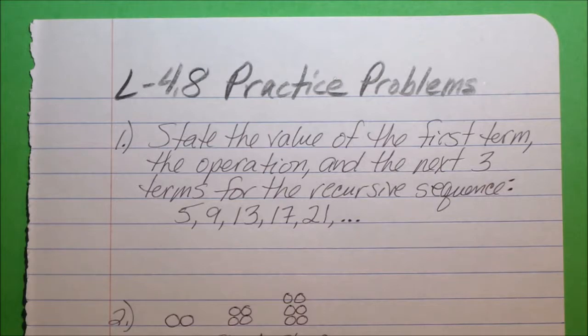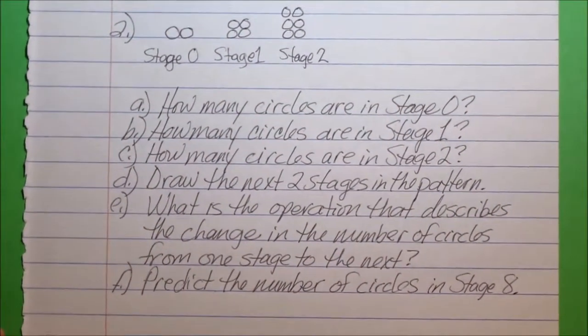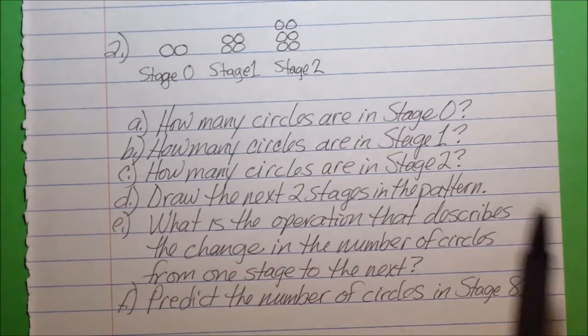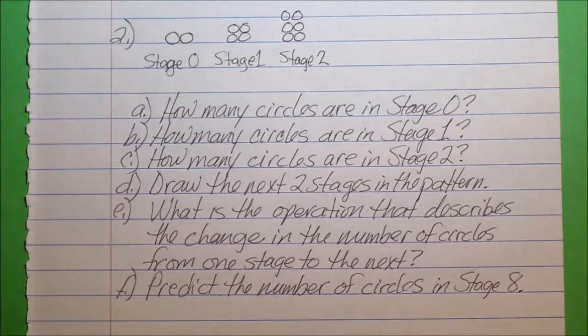Right? So first term, what's the operation, and what are the next 3 terms? Right? All right, and the next one is a problem that is just like what we did with the squares in your notes, only the pattern is a bunch of circles instead. But set it up the same way, and you'll see that the steps are the same. It's just they've changed it from squares to circles. Okay?